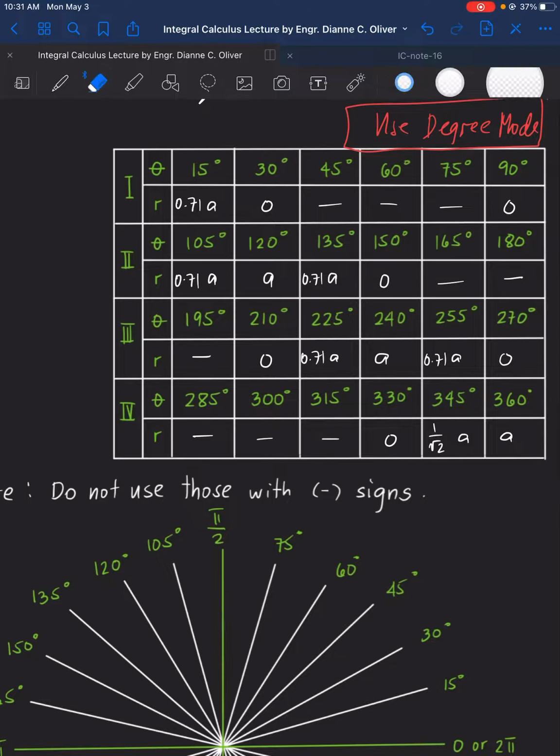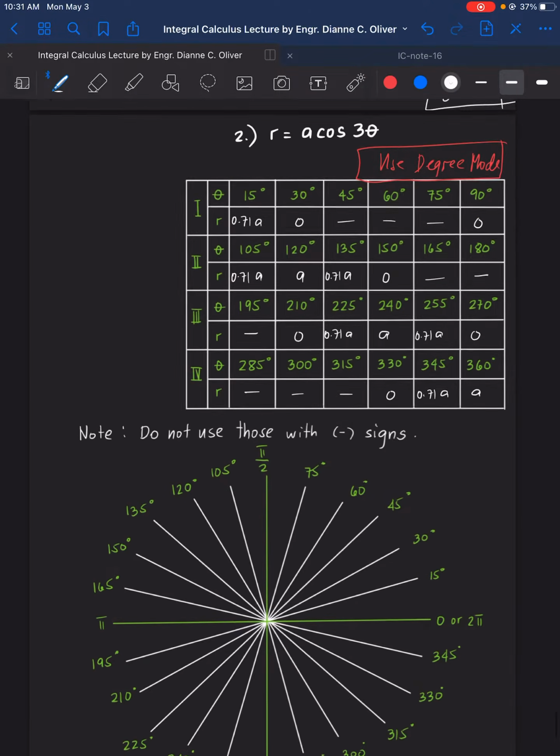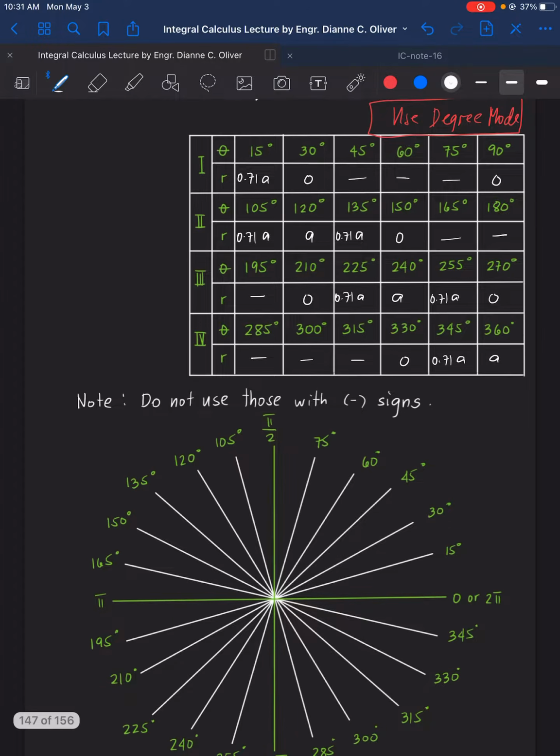It's easier to plot. Alright, so there you go. Sorry for plotting so slow, but I hope this proves to be helpful. Alright, then let's plot it at 360 degrees. So the longest radius is a at 360. So let's put here as a.